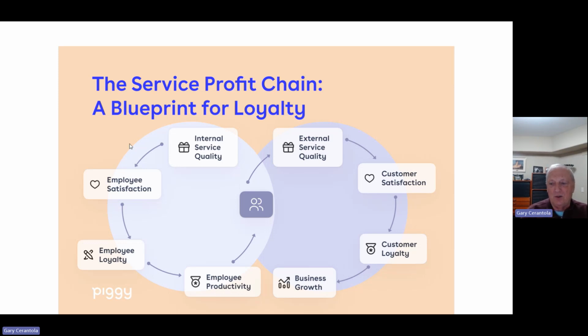So again, the improved employee productivity and the disposition of the customer impacts external service quality, which goes all the way around to increase the business growth. And then you've got more money to put back into the employees, to run this side of the equation, which means that this service profit chain, a blueprint for loyalty, really is a blueprint for sustainable competitive advantage and overall organizational or company success.